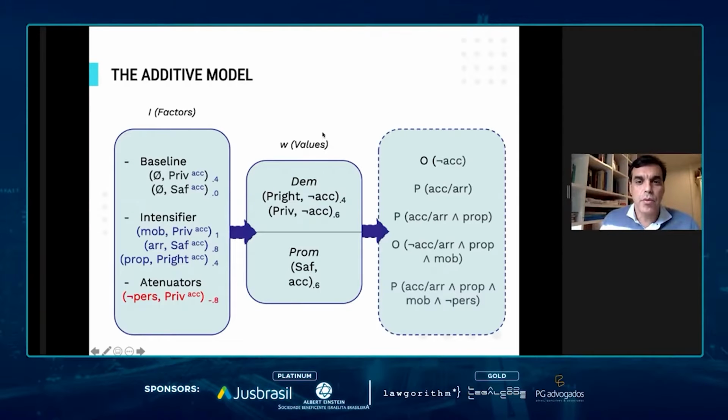Of course, one may argue that there is some arbitrary choice in the interval of real numbers that we assign to weight functions and to the impact of factors or of actions on the values. But actually, this is just a model to try to represent reasoning with dimensions and magnitudes. So any scale may be used to represent these impacts.